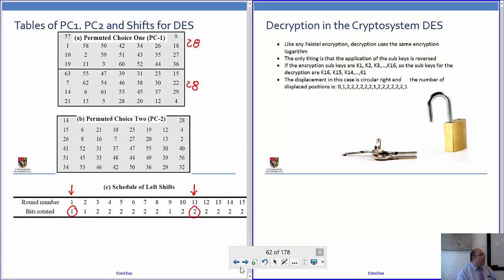Any questions? So, we know how to make subkeys. We know how the DES function works and how it's inserted into the Feistel framework. So, knowing that, we can cipher anything with this. As you can see, there is no mathematics involved at all.